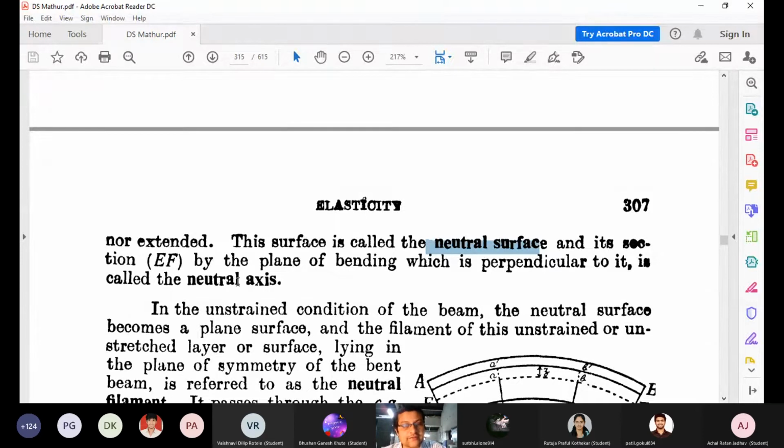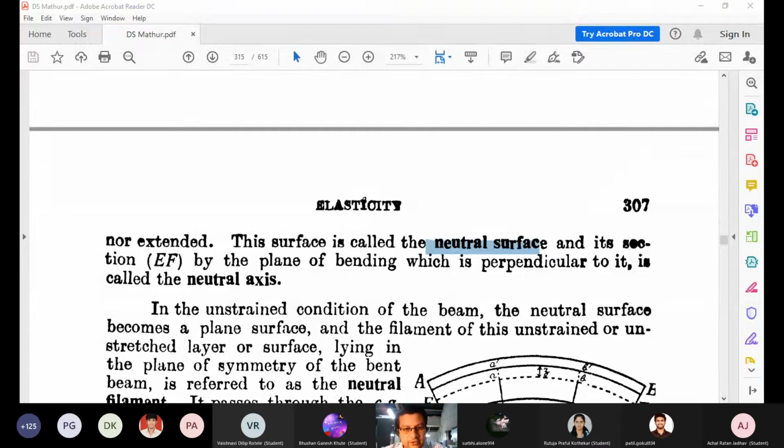So here we need to remember three or four definitions, because in this elasticity chapter we are learning bending of beam, and this bending of beam is very important to study some of the elastic constants, and for their measurement also. So we will see that.